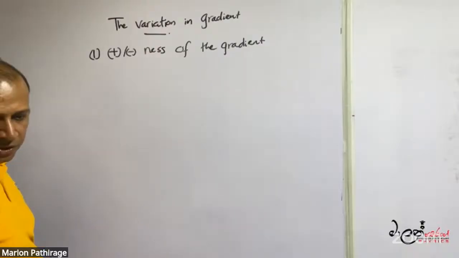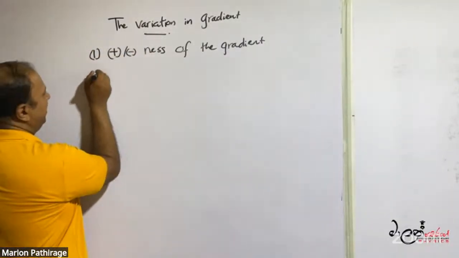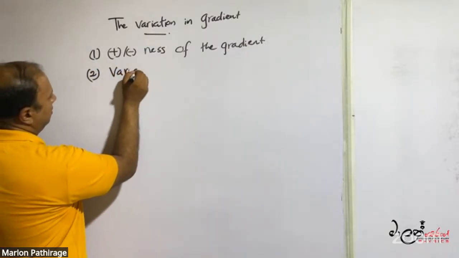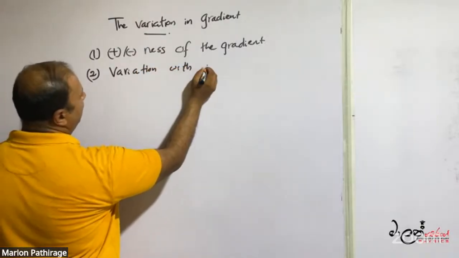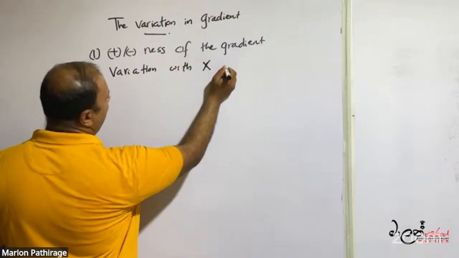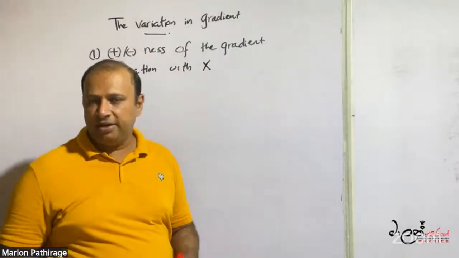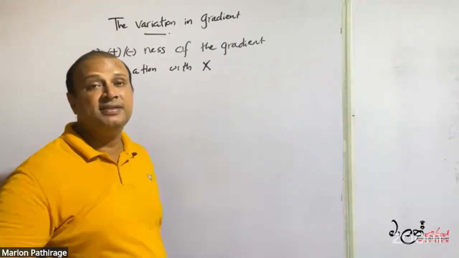First one is positive or negativeness of the gradient. The second criteria is variation of gradient with x. What will happen to the gradient when x increases?